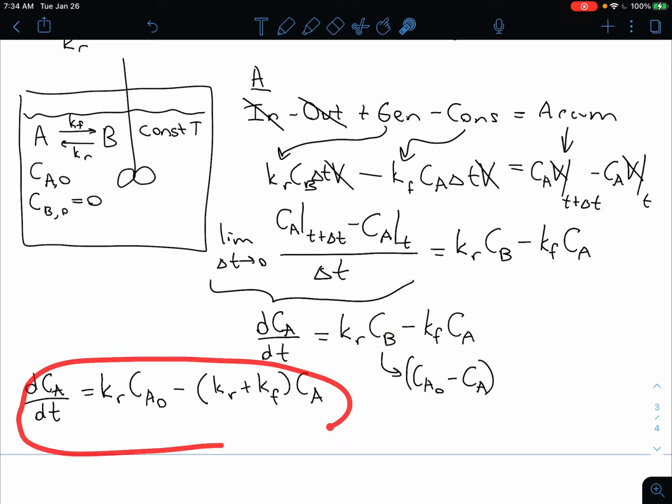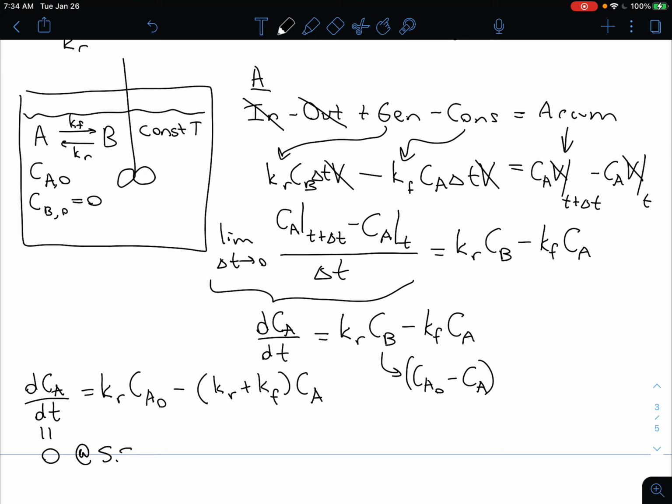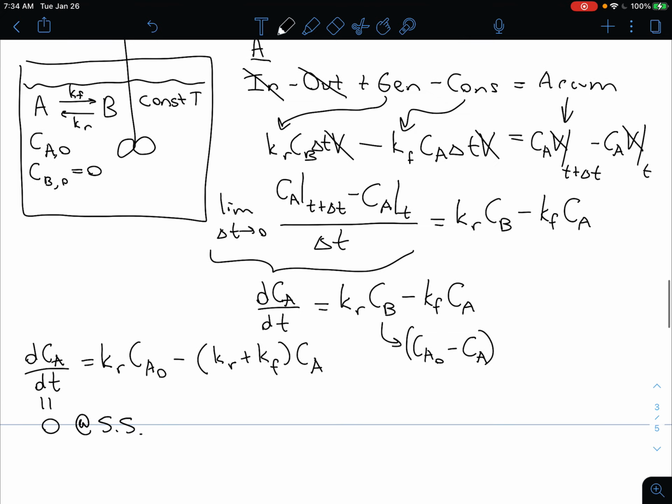So this is an equation that depends only on A, and let's ask ourselves what the steady state solution would look like. So dCa dt would equal 0 at steady state. So you can solve for Ca.